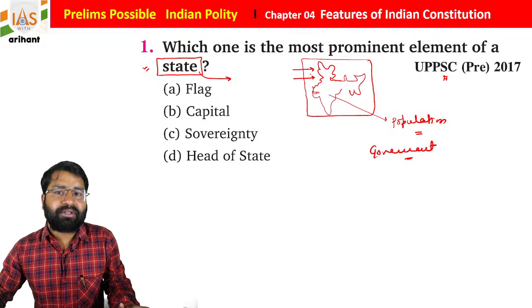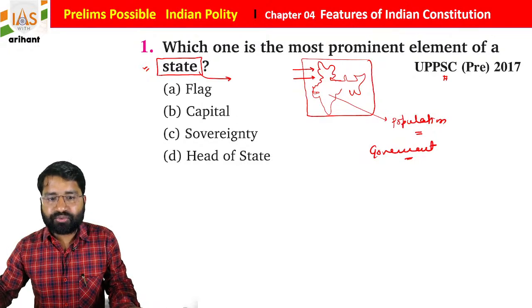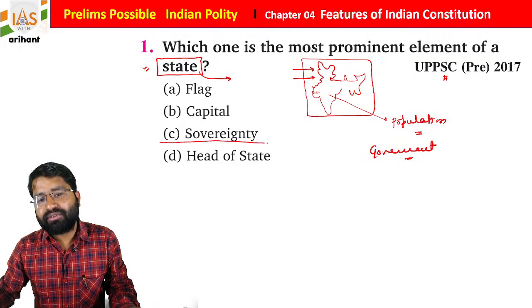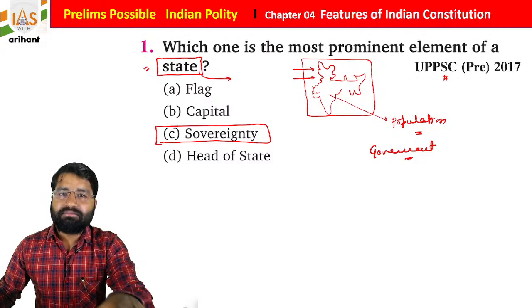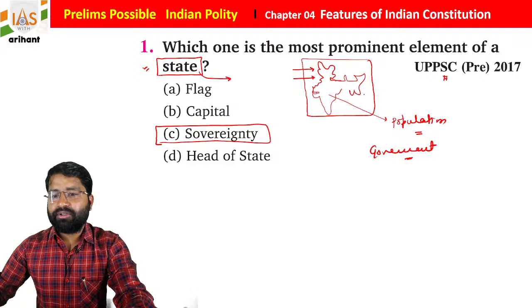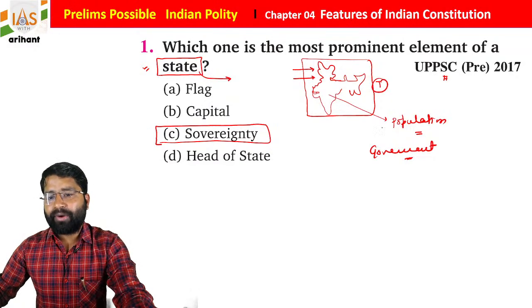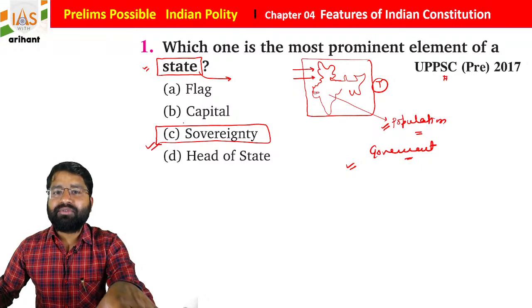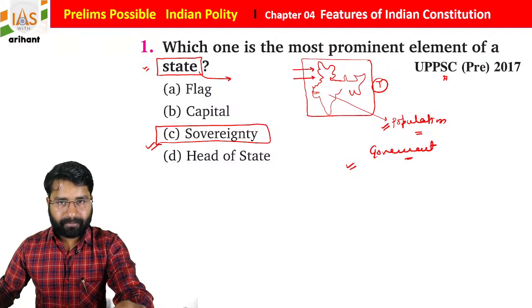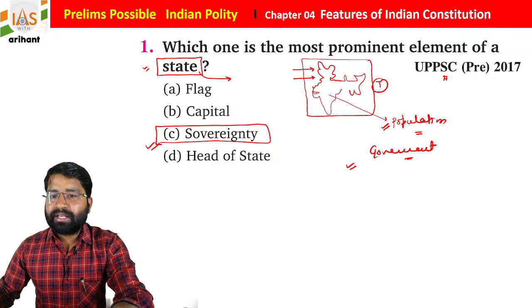Then you are going to be a state, students. So sovereignty is also an included feature of the state. What you find is, you require a territory, a population, a government, and including that you need sovereignty to rule. So sovereignty is also an important element of the state.